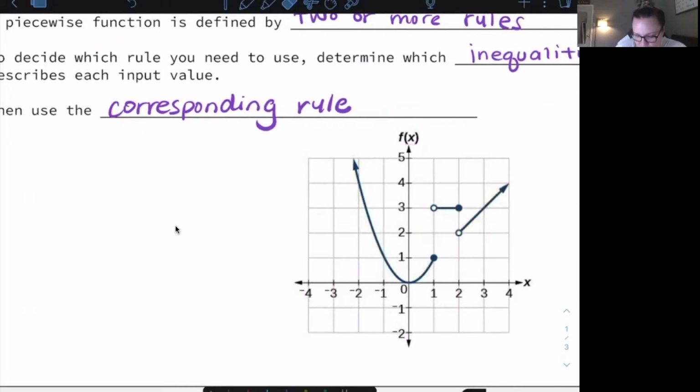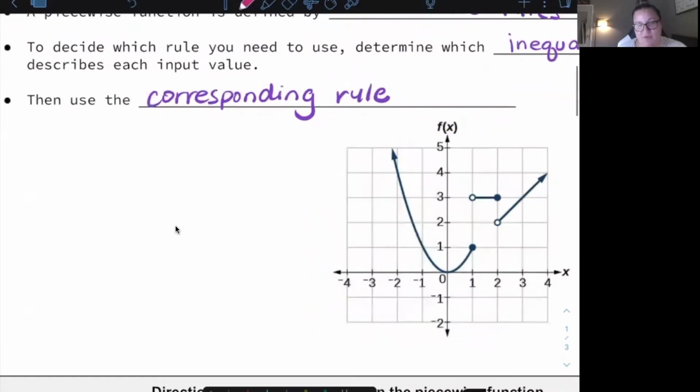So let me show you what that means. The piecewise function for this graph will be written as f of x is equal to, and then you're going to put the squiggly brackets. So it's equal to each of these pieces. The first piece is x squared, and then you're going to put a comma, and then x is less than 1.